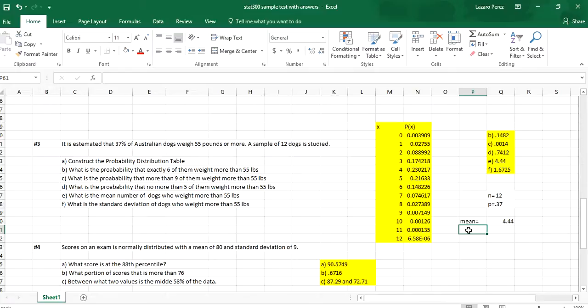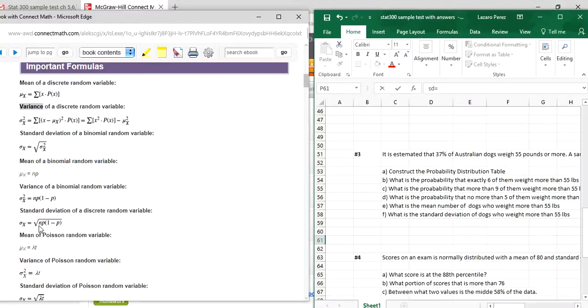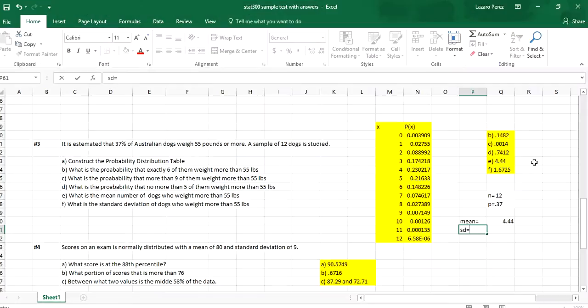Then the standard deviation, the formula we're going to use is right here. The square root of np times 1 minus p. So it's basically saying the mean times the complement, square root. So let's just plug in our numbers. So it's going to be square root, do that one more time. Square root of n times p.